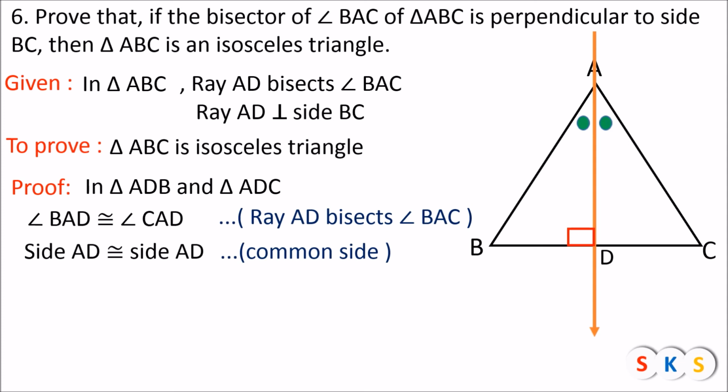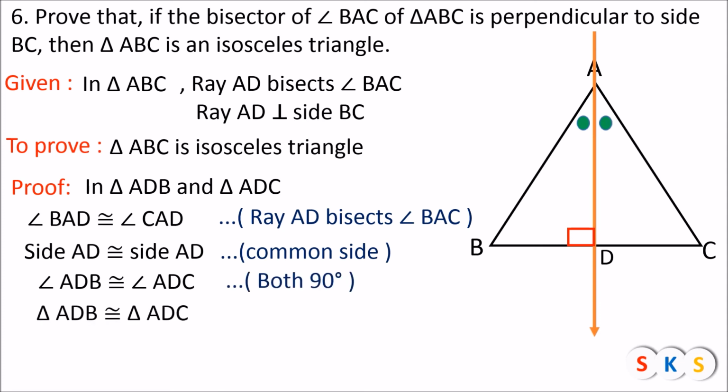So angle ADB is congruent to angle ADC because both have the same measure, that is 90 degrees. Therefore triangle ADB is congruent to triangle ADC. These two triangles are congruent by the angle side angle test.